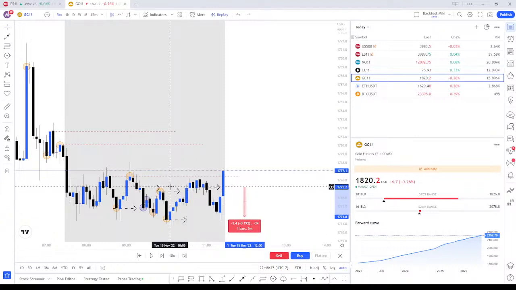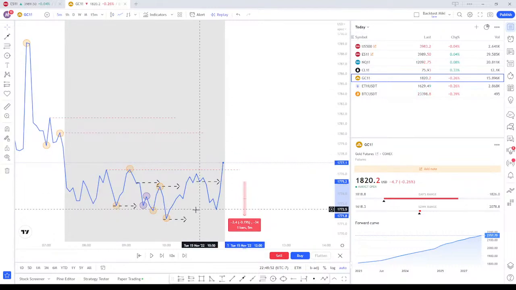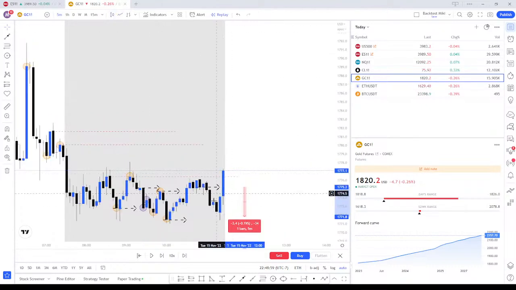We must always, I repeat, always wait for a deep pullback to structure, close enough to the structure low, or at least midway, or sometimes on the structure low you will get a high formation. This is too high from the low. I want something around here. So we should have waited for this.